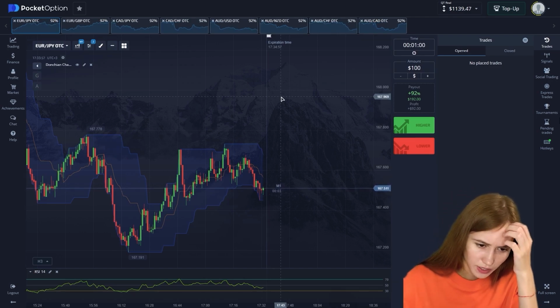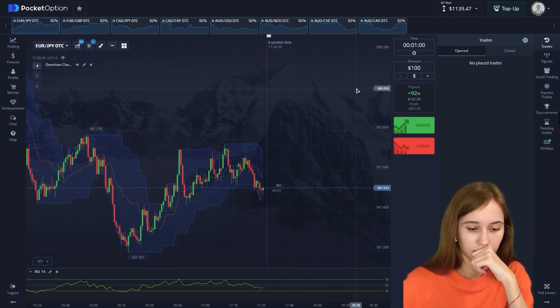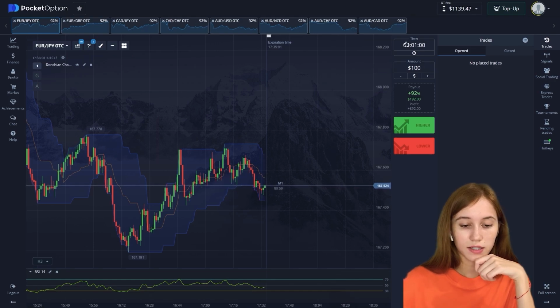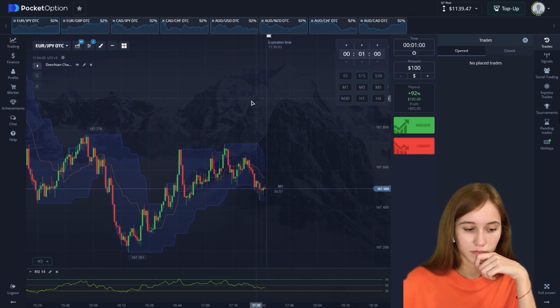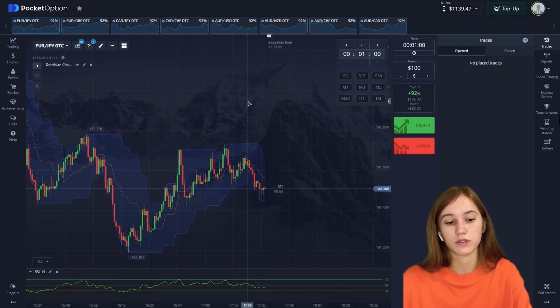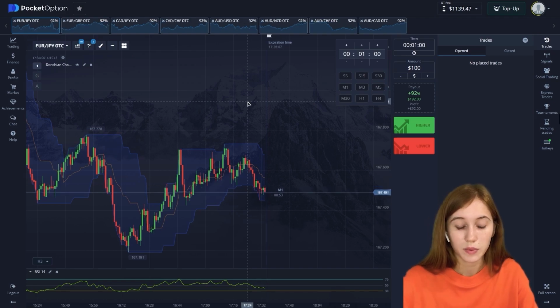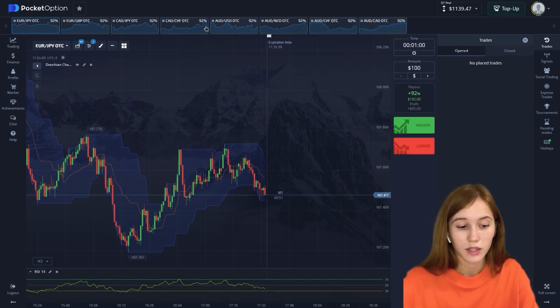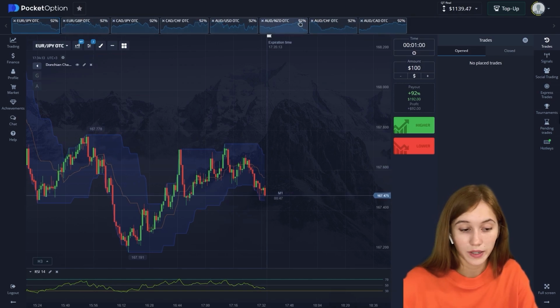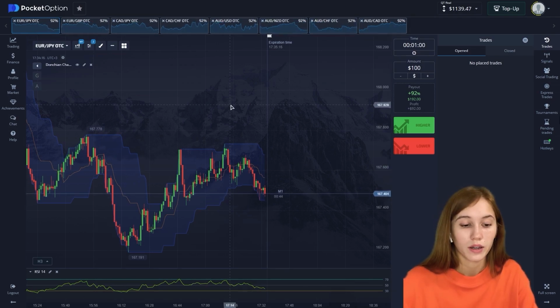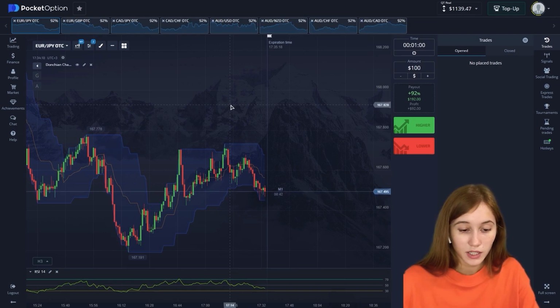Let's go through the settings. The deal time is 1 minute. Then we choose what to trade on. I will also note, the payout rate is more than 90%. The higher the better. I do not recommend trading below. Technical analysis was used for general analysis.